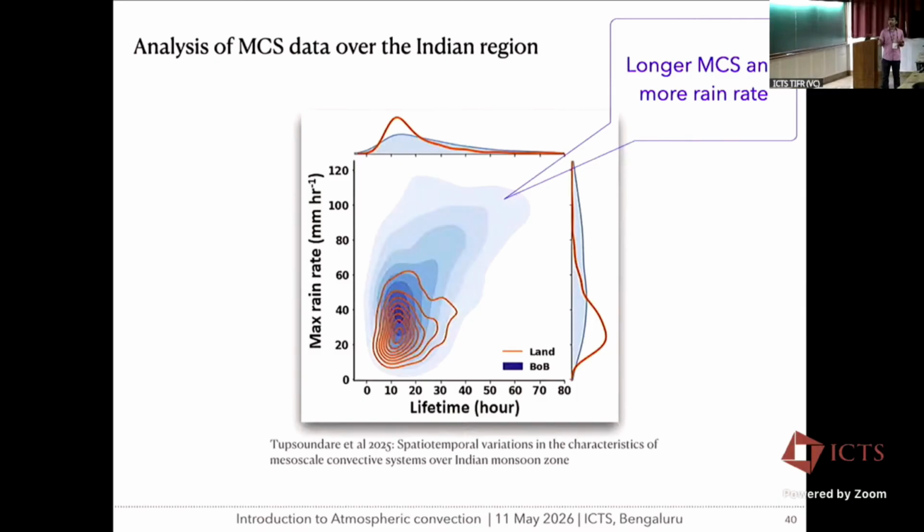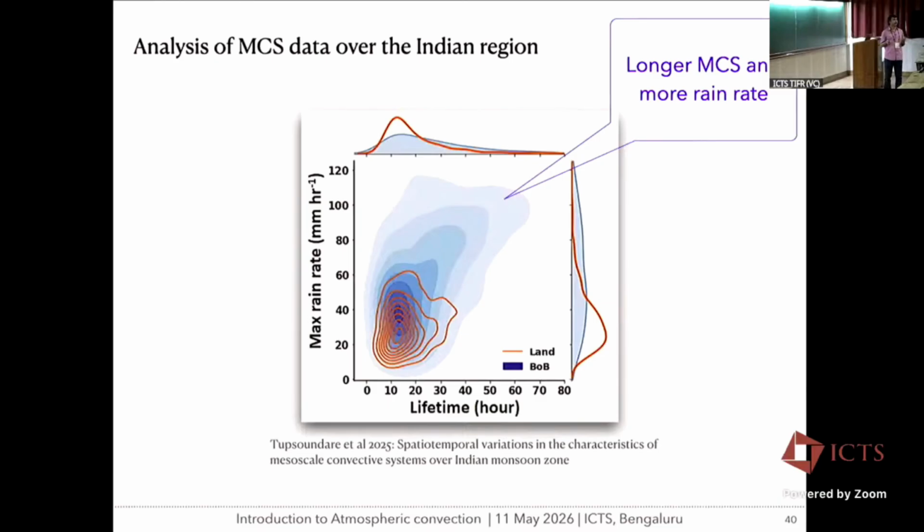Consistent with it, what this plot shows is we have longer duration MCSs over ocean. And because it is longer, they precipitate more. Eventually, the rain rate comes out to be slightly more for ocean, but the more dominant message here is the lifetime of MCSs over ocean versus land.